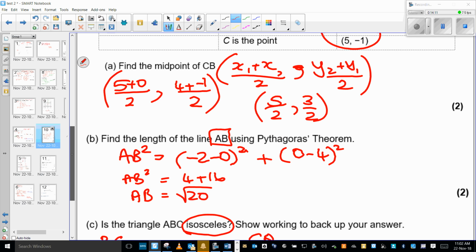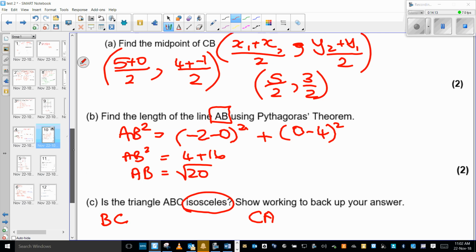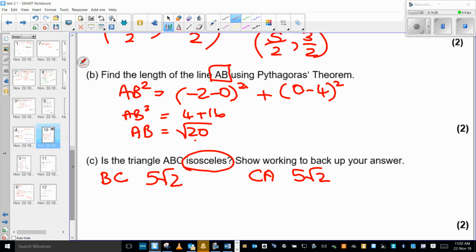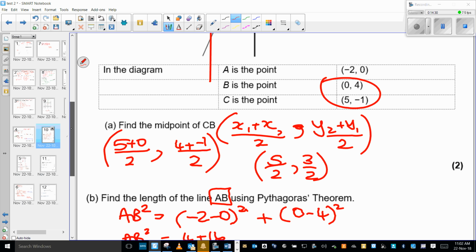You can work this out. Something's gone wrong here. What's gone wrong? It's 4.47.